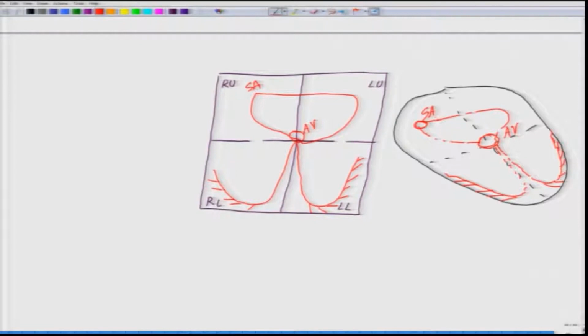Fair enough? Now what is important here is that while the current wave is moving, it is creating an induction effect in the surrounding, which I am showing by the cardiac myocytes, which are constituting this whole chamber.